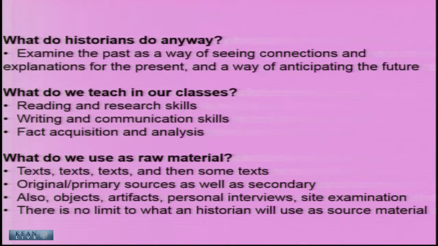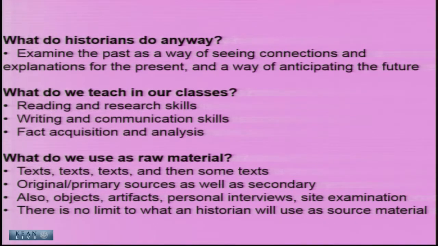When we start a research project, our first instinct is always to say, where are the texts? Where are the original texts? And we're very concerned with this idea of original and primary sources. We always teach our students to get as close as they can to the original. It's not always easy to do that, but the effort is always made to get as close to the original as possible. We also use, aside from the text, objects, artifacts, personal interviews, site examination.